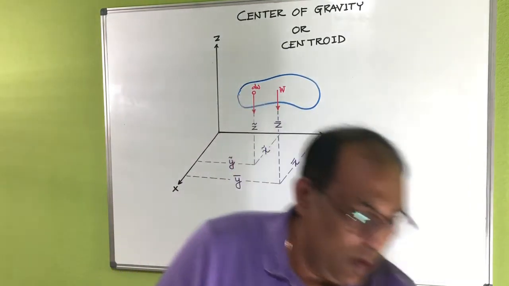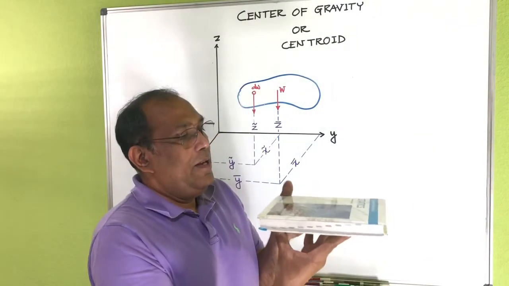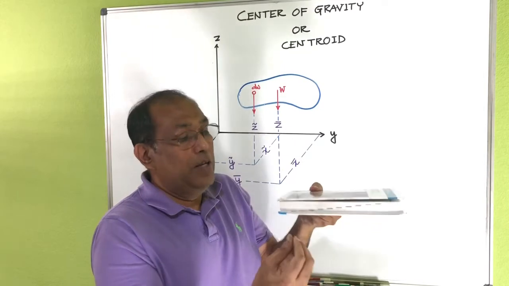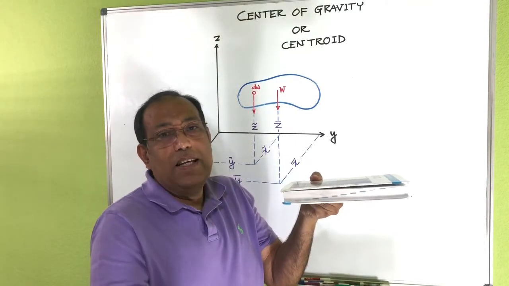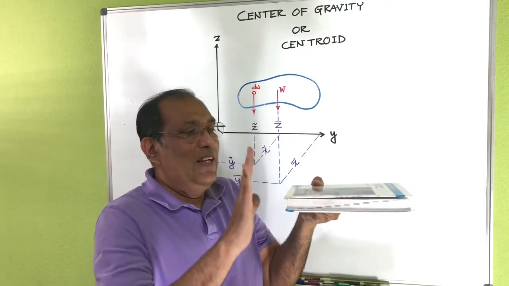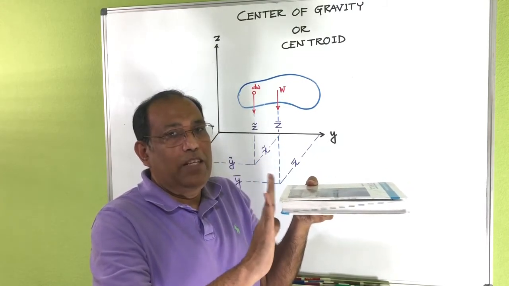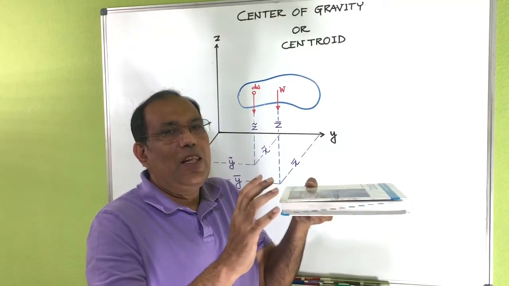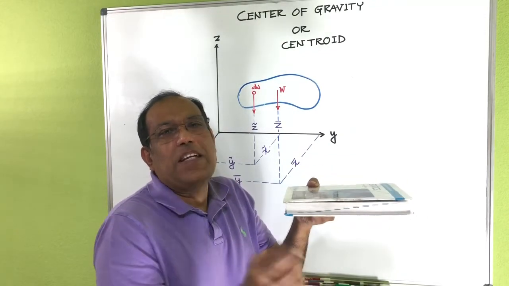For example, let me take this book here. There are millions of particles in it, and all the particles have their own weight, which is working towards the center of the earth. The resultant weight or the total weight of this book is the arithmetical summation of the weight of each of the particles.